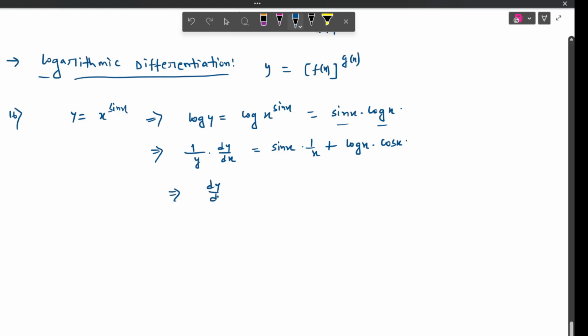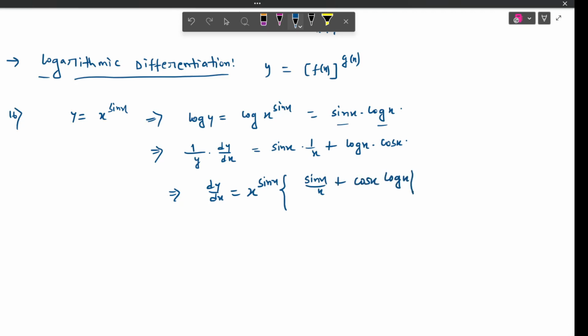So dy by dx is y, cross multiply. y is x to the power sin x, times sin x by x plus cos x log x. This is the answer.